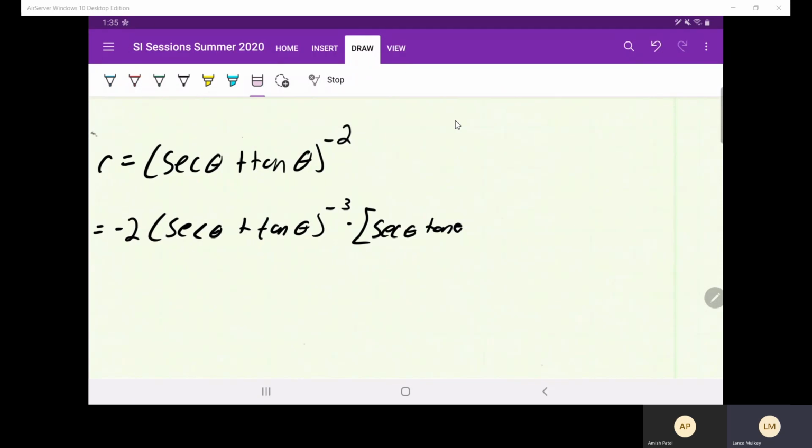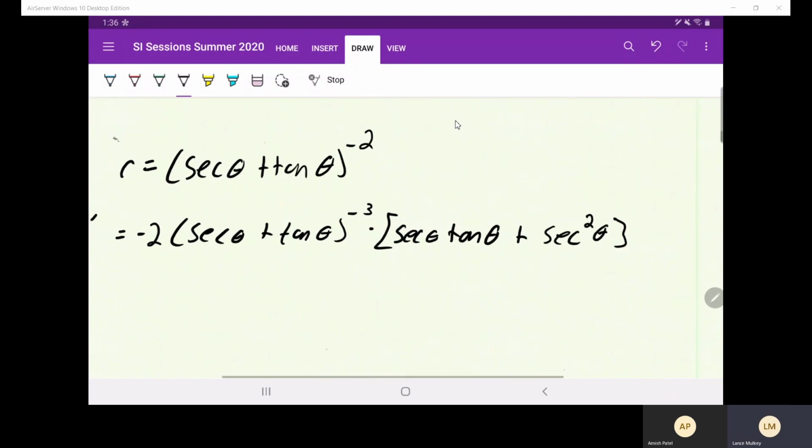Let me rewrite that. Plus the derivative of tangent theta is secant squared theta.